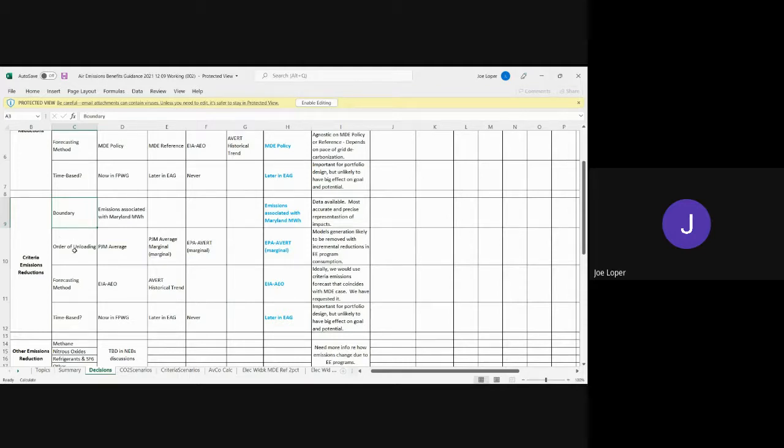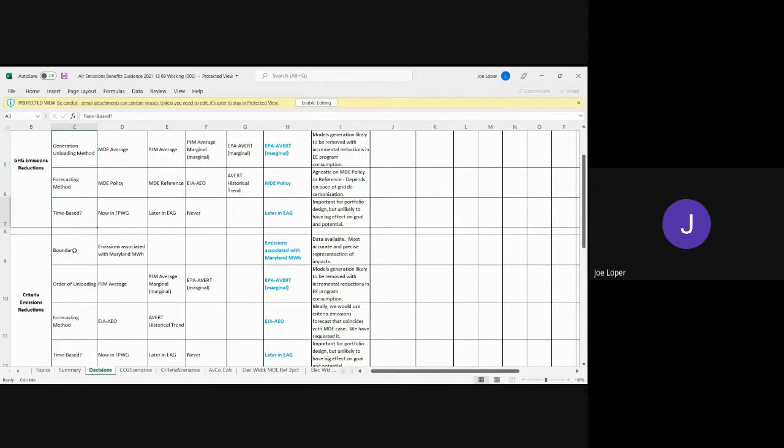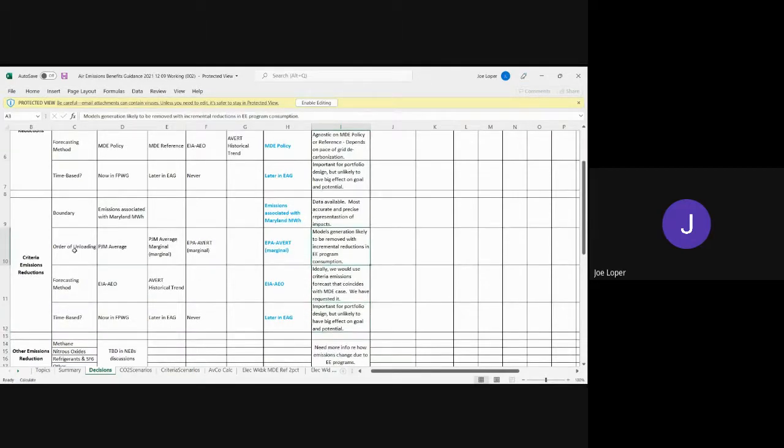The order of unloading: in this case, I would also use the EPA AVERT, for the same reasons, in that the models are actually looking specifically at energy efficiency programs and specifically looking at what would get backed out of the system. We don't get that from the MDE, and MDE doesn't even have criteria emissions numbers. We don't get that from the PJM. They just tell us what happened at a point in time, what the emissions intensity was at a point in time, not what would happen if you backed out some consumption.